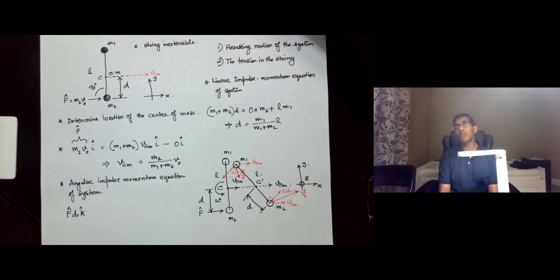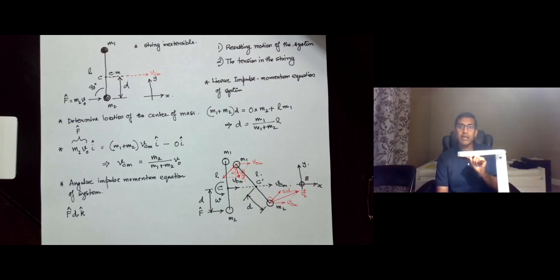Alternately, we can write the same equation but about a fixed point, essentially saying that the angular impulse due to all external impulses on a system of particles about a fixed point O, let's say, is equal to the sum of the change in angular momenta for all the particles about that point O. So this relation holds for only two types of points.